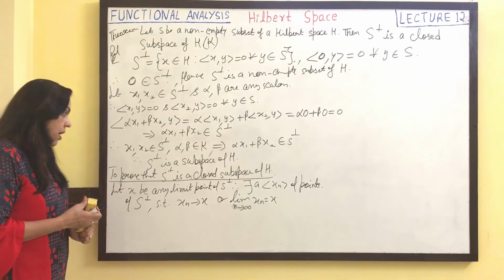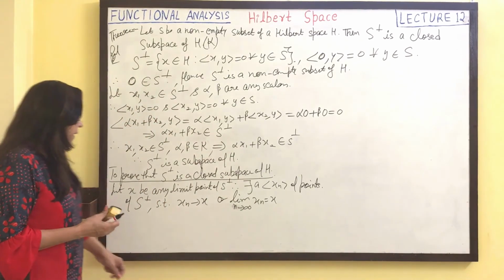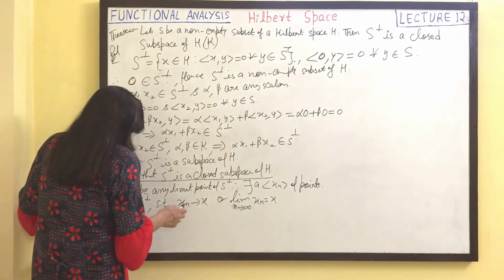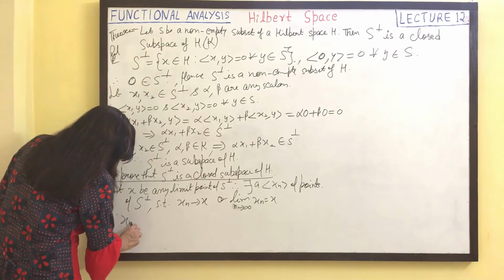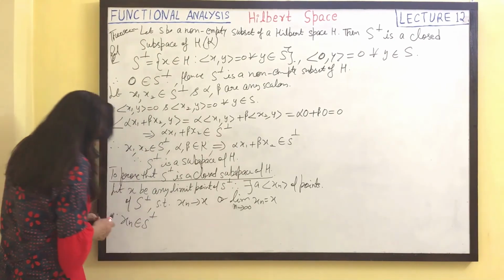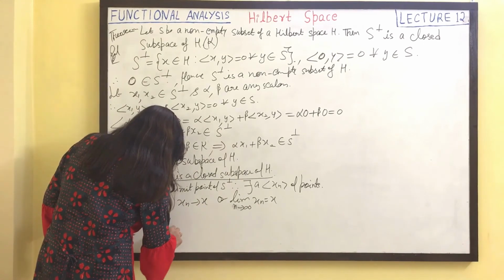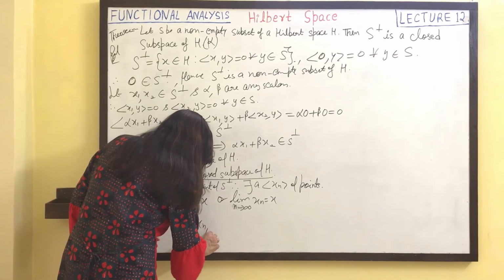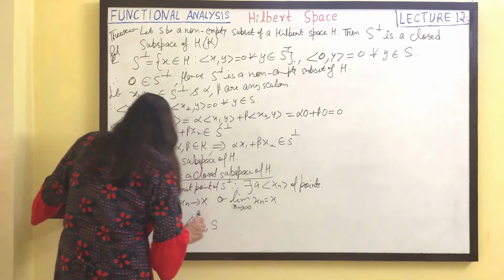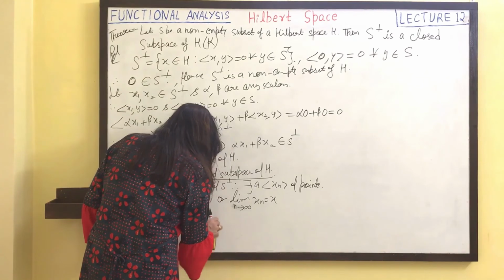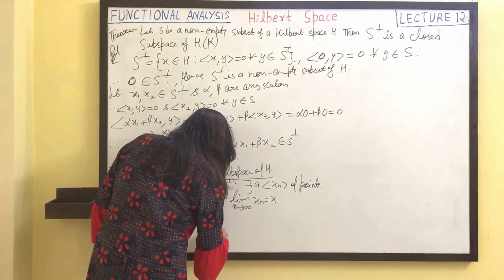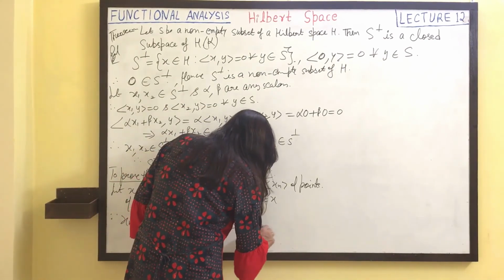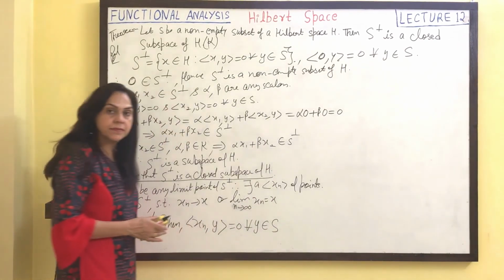Okay, now xn belongs to S perpendicular, then the inner product of xn comma y is equal to 0 for all y, right?